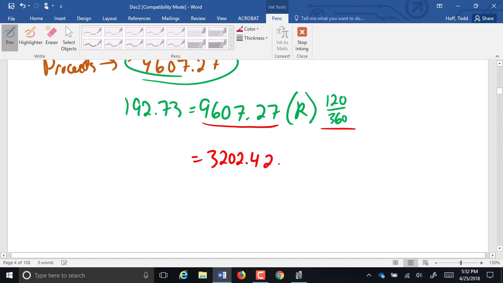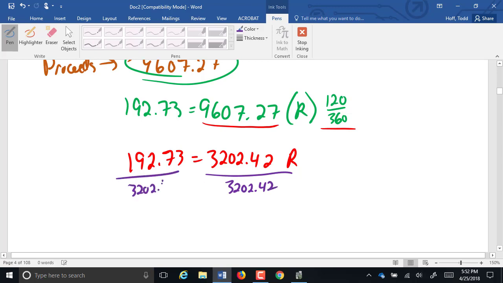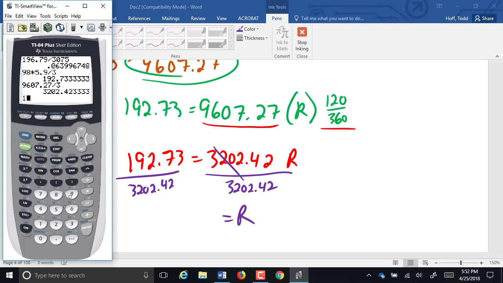Now note, again, I'm keeping that in my calculator so that I avoid some round off error here, because my next step is going to be to divide by that 3202.42. So I take 192.73 divided by that previous answer. 0.060183.